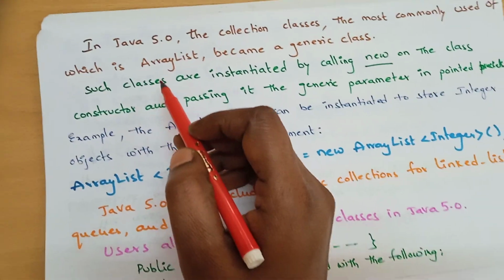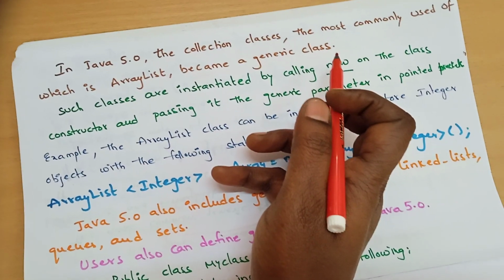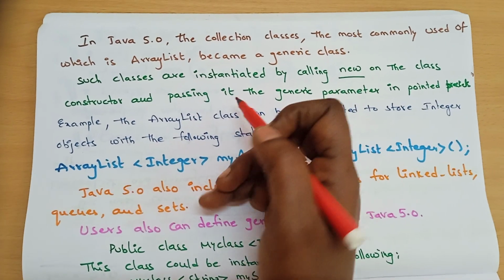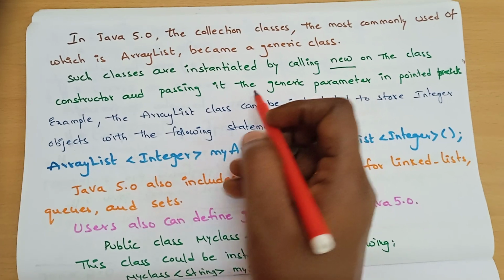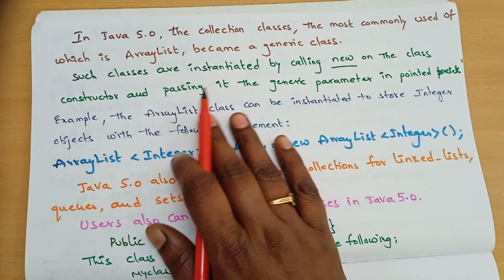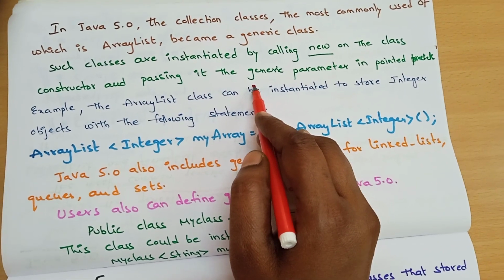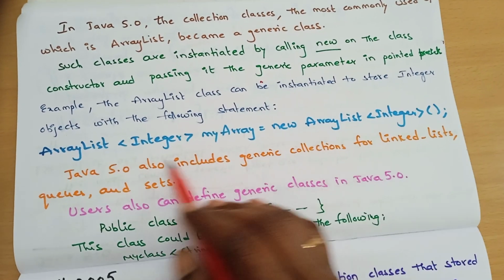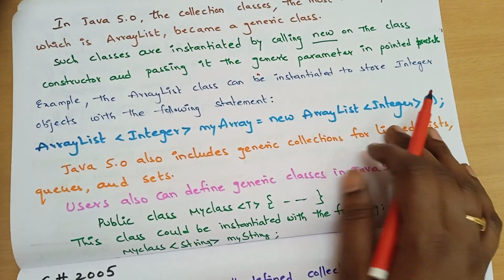In Java 5.0, the collection classes, the most commonly used of which is ArrayList, became generic classes. Such classes are instantiated by calling new on the class constructor and passing it the generic parameter in angle brackets. So that's what you can find there: ArrayList<Integer> myArray = new ArrayList<Integer>.